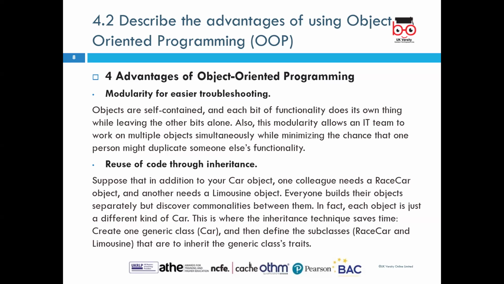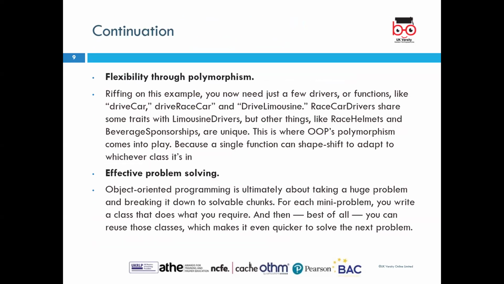Reuse of code through inheritance. Again, we mentioned how we could have our parent function, and our child can now inherit the methods from this, so we don't need to declare them over and over. It's flexible through polymorphism.